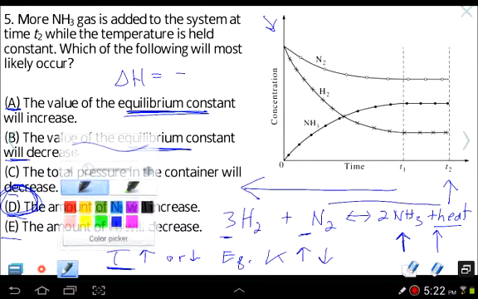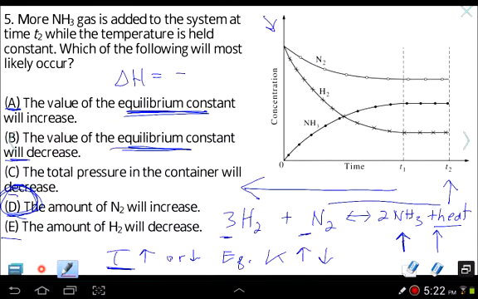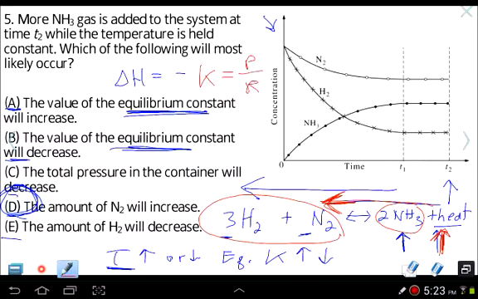Let's go ahead and do this with red. If you increase the amount of heat in the system, it would shift left to try to remove the heat, and as it does so, it creates more reactants and less products. So our K being products over reactants, the reactant amount goes up and the product amount goes down.